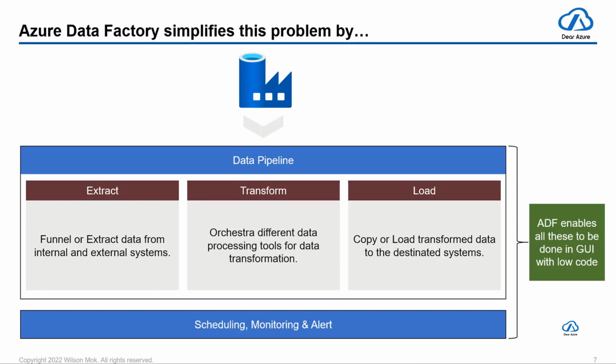We can also orchestrate the data processing tools, so we can leverage different tools like Databricks, stored procedures, or even serverless functions to transform our data. And finally, we can copy or load the transformed data into our designated system. In our case, this will be a database, but it can also be a file server or a separate system where we'll just send the data through SFTP or through an API.